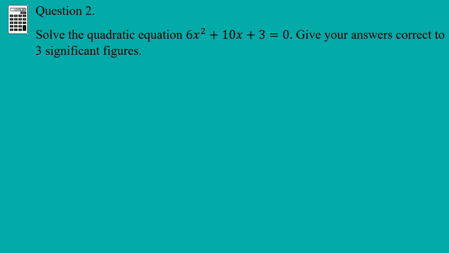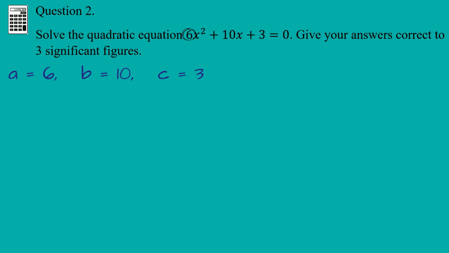Question 2 is another calculator question. Again, you know not to factorize the equation first as you are asked to give the solutions correct to 3 significant figures. You need to use the quadratic formula. As the equation is in the form ax squared plus bx plus c equals 0, you don't need to rearrange it.